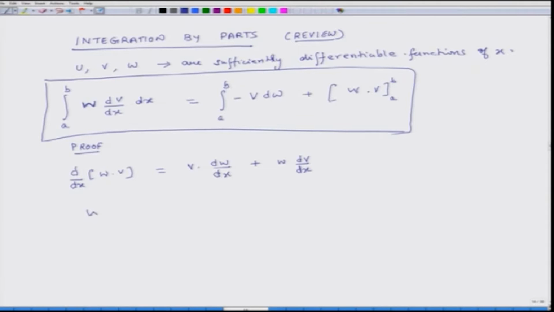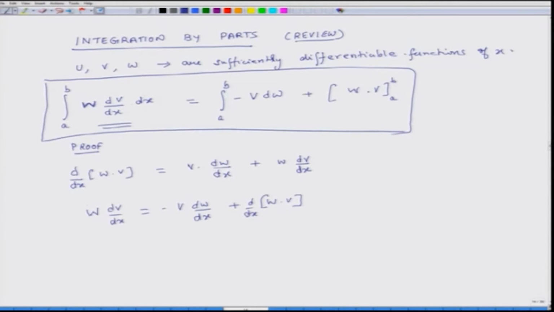So, I get w, because I have to get this on the left side, dv over dx is equal to minus v dw over dx plus w v, d over dx. Okay. So, I have just reorganized this.